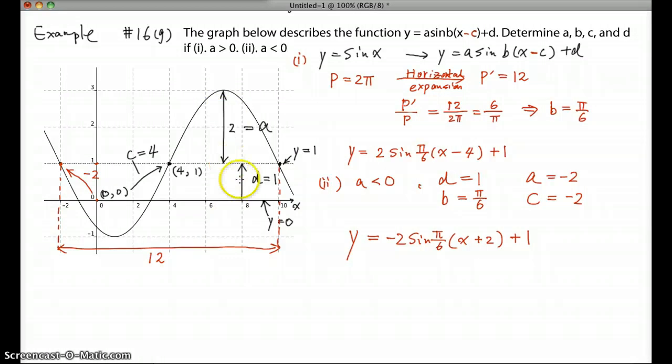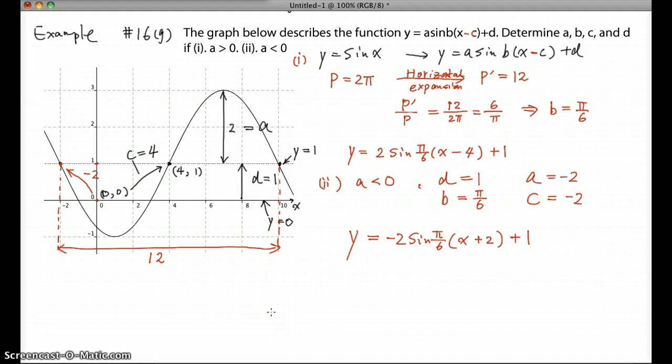D is just the vertical translation, and C is the horizontal translation. And then the B is the expansion, which we have to do a little bit more to calculate the period. But the period really depends on how much you expanded or how much you compressed.